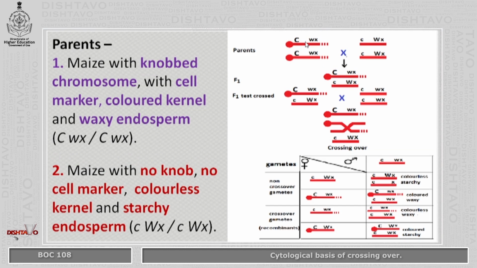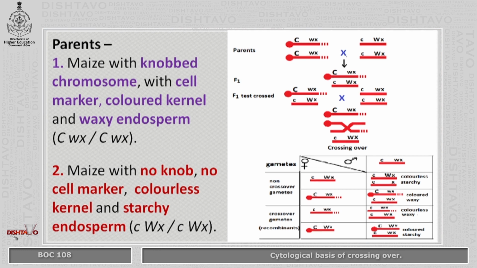The parents used here were maize plants with the knobbed chromosome having the cell marker, colored kernel and waxy endosperm, and they were crossed with maize plants with no knob, no cell marker, colorless kernel and starchy endosperm. The F1 generation showed colored kernel and starchy endosperm, which shows that colored kernel and starchy endosperm are dominant characters.